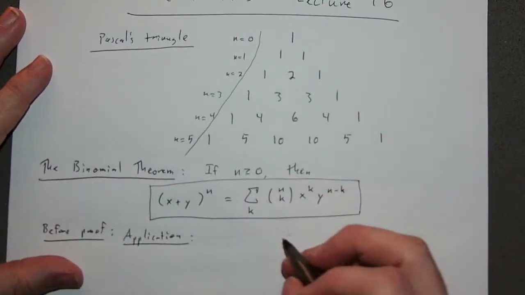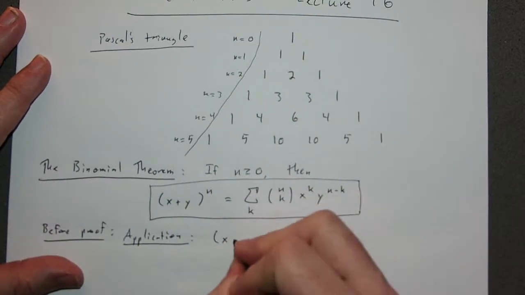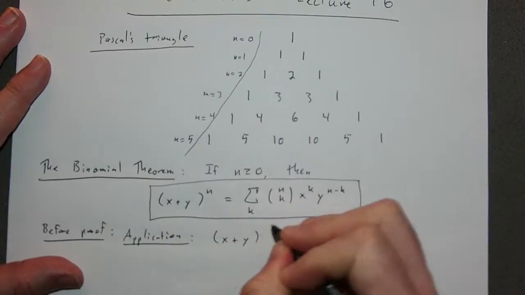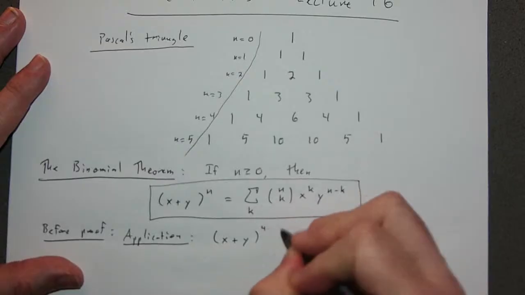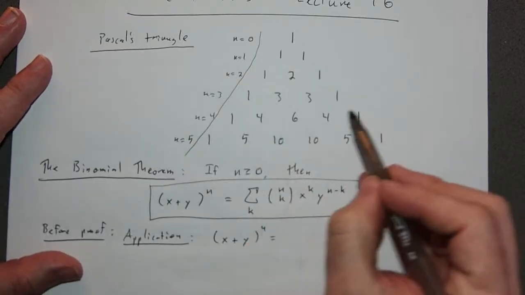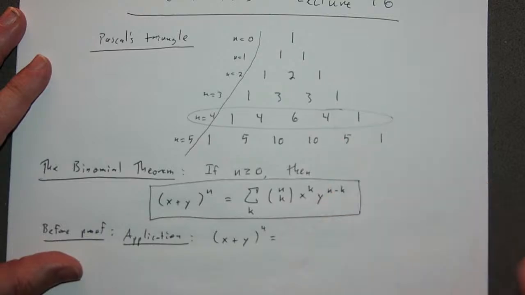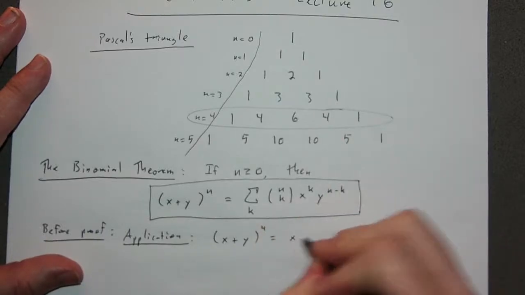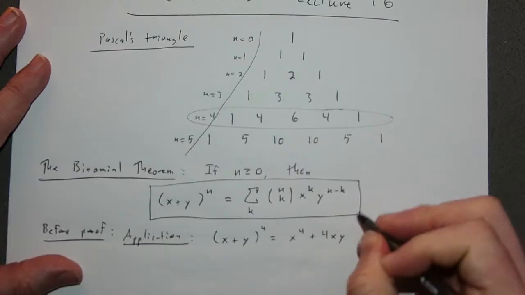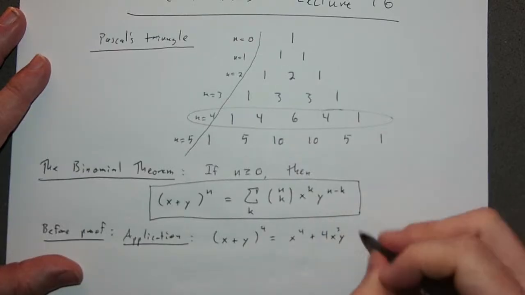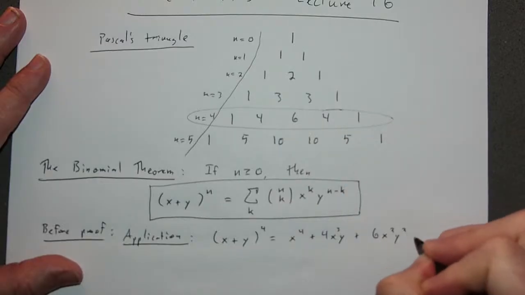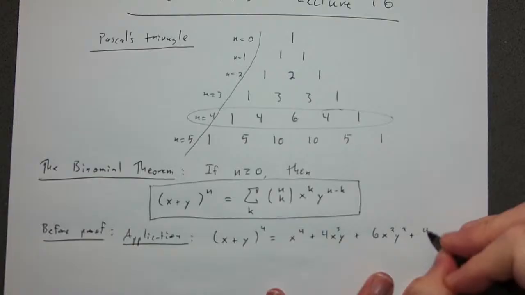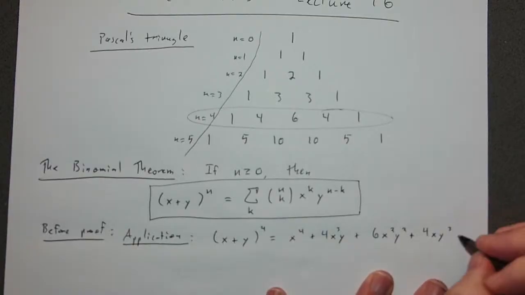Of course, I can use this to instantly expand, say, x plus y to the fourth. Instantly, I can use this: x to the fourth plus 4x cubed y plus 6x squared y squared plus 4xy cubed plus y to the fourth.